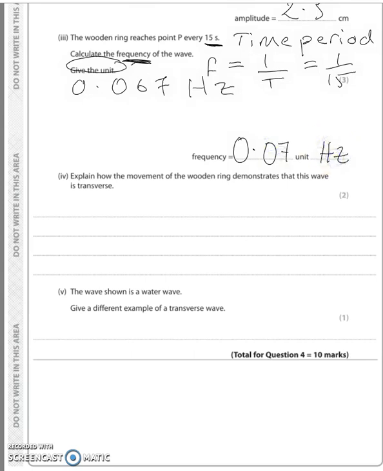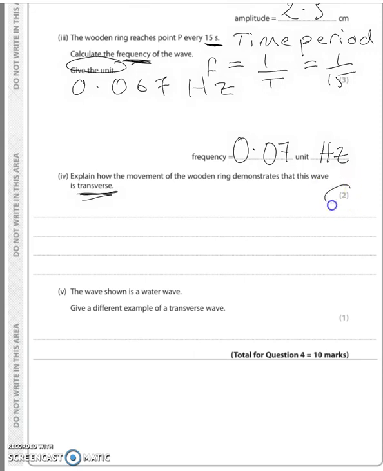So part 4, explain how the movement of the wooden ring demonstrates that this wave is transverse. So just like the word longitudinal should make you instantly think of the word parallel, hopefully if a wave is transverse, that instantly makes you think of the word perpendicular.